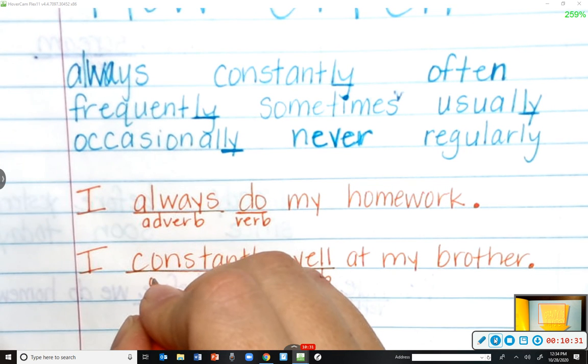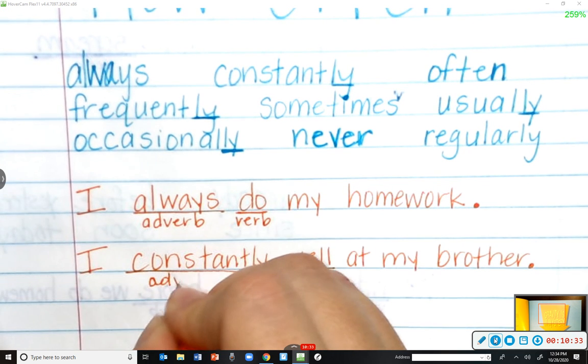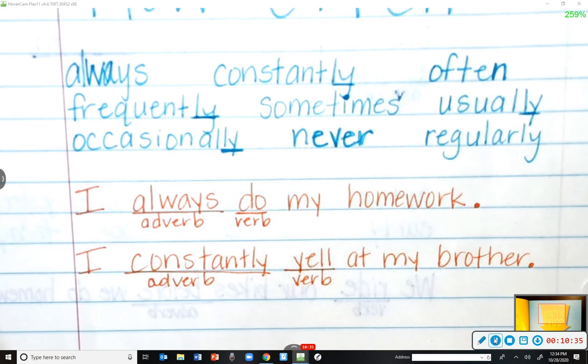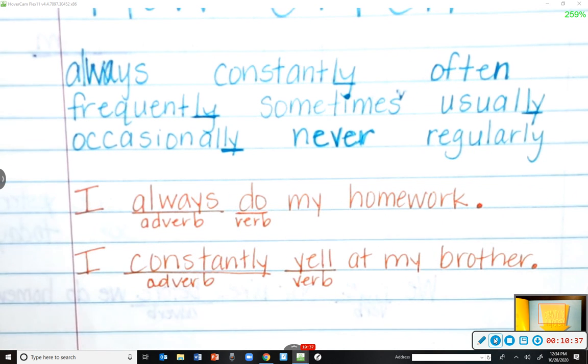How often does she yell? Constantly. Okay, good. Another one was, I often work in the barn. So the verb was work. The adverb was often, describing the verb work. Okay, very good.